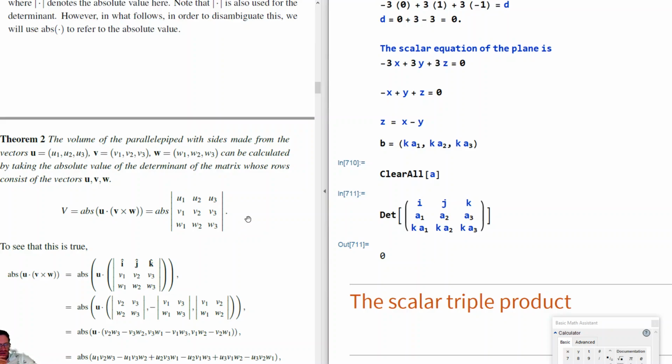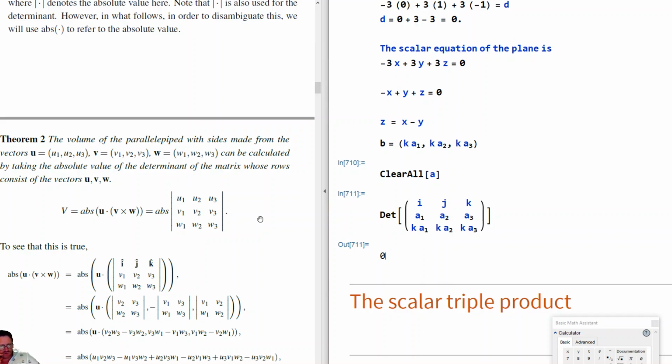So we calculate this via the absolute value of the determinant made from just putting the three vectors in a 3x3 matrix. So you put the coordinates of u in the top row, then the coordinates of v in the second row, and the coordinates of w in the third row. You calculate that determinant and then take its absolute value. So that, I would think, is the easiest way to calculate the volume of a parallelepiped.